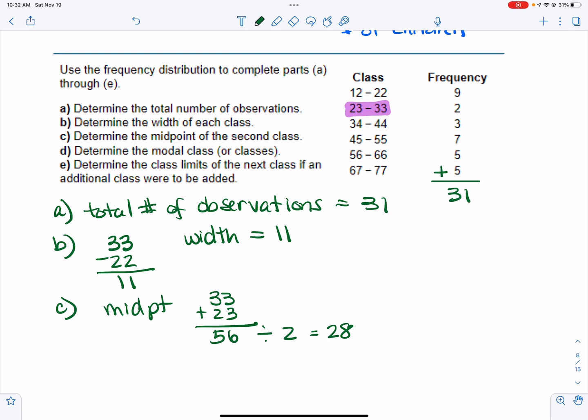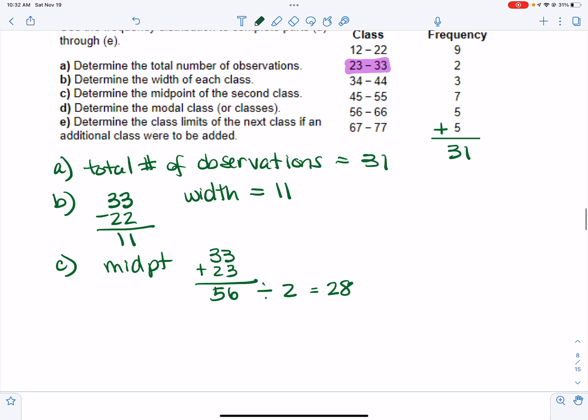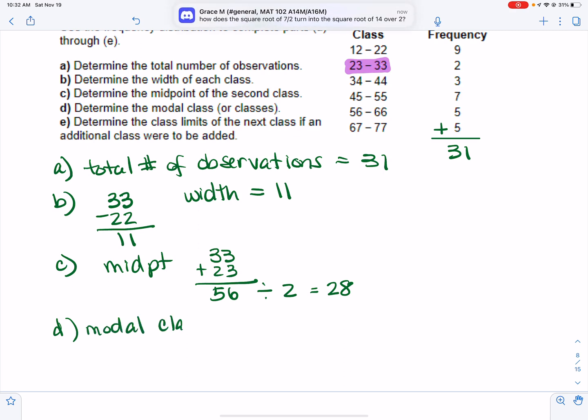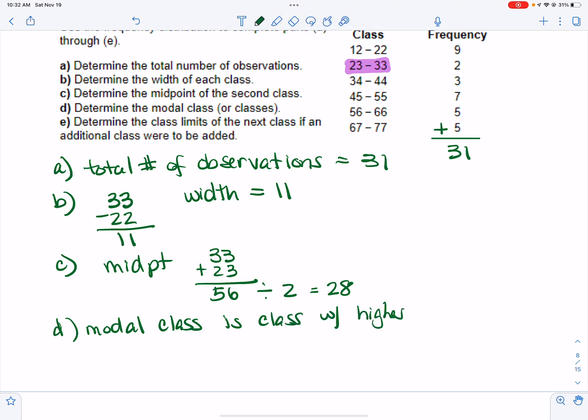All right, then it says determine the modal class or classes. Remember, the modal class is the one that has the highest frequency. So our modal class would be this one right here, 12 to 22.